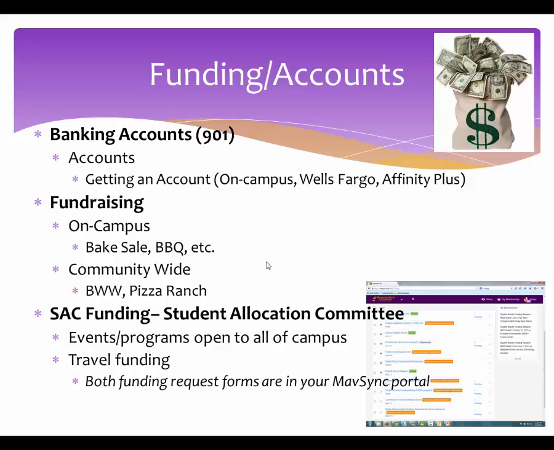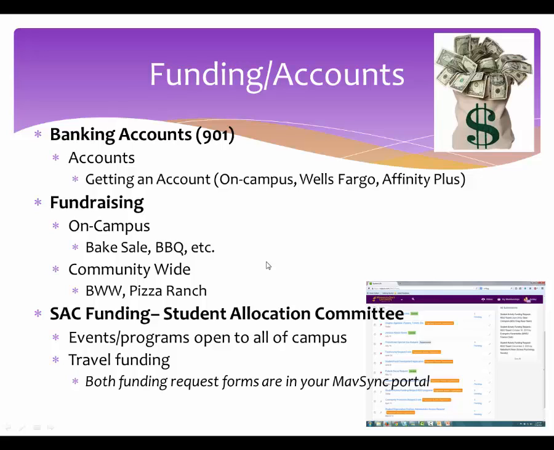For the 901 accounts, you can request that account within the RSO portal on MavSync. Simply go to the RSO portal. As a leader, you should be a member of that portal anyways, and then go to Forms and find Request 901 Account.